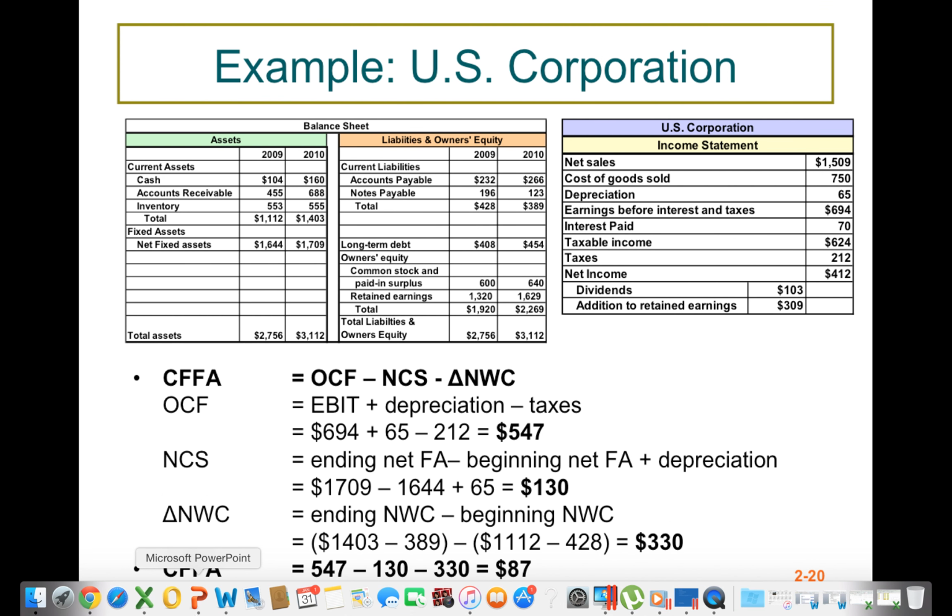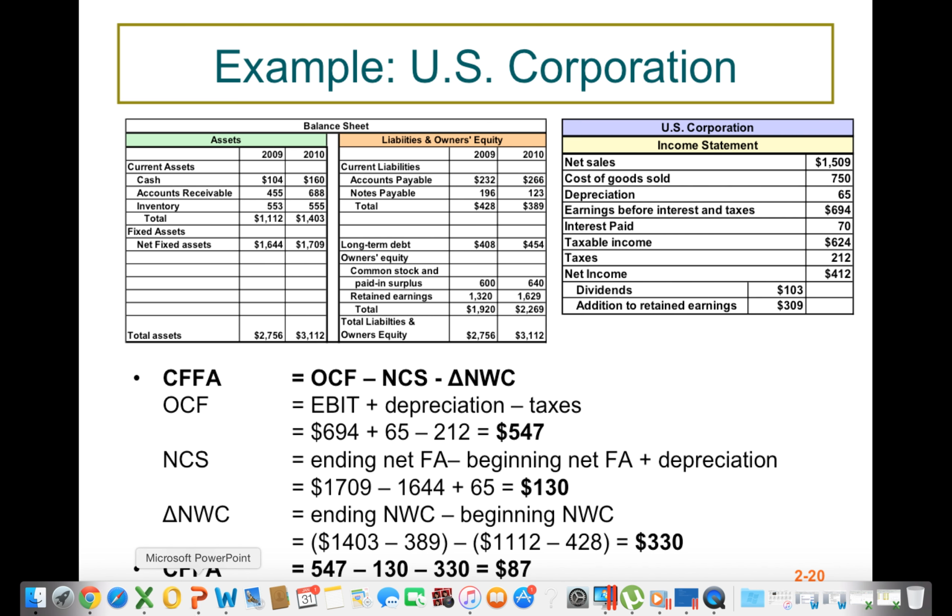Okay, so we're looking at a U.S. corporation here. We have a balance sheet and we have an income statement available to us, and we have all of the formulas that I just mentioned on the previous slide available to us as well. Could we, from that information, get ourselves our cash flow from assets? Yes. Okay, so we'd start with our operating cash flow.